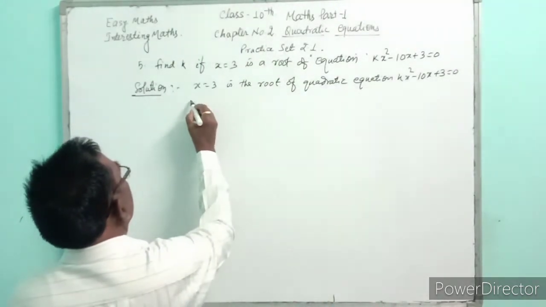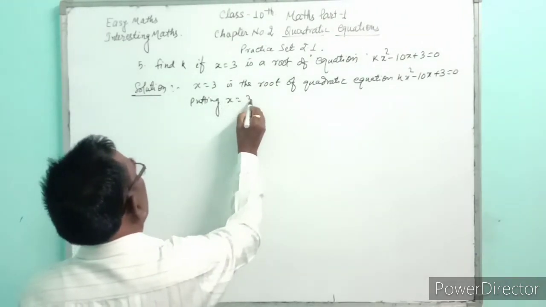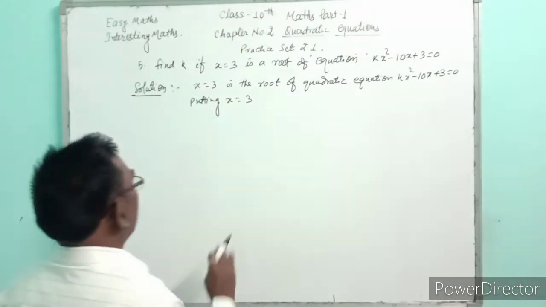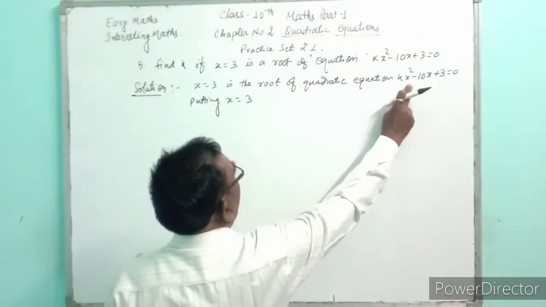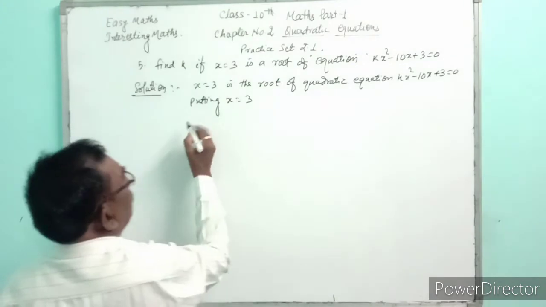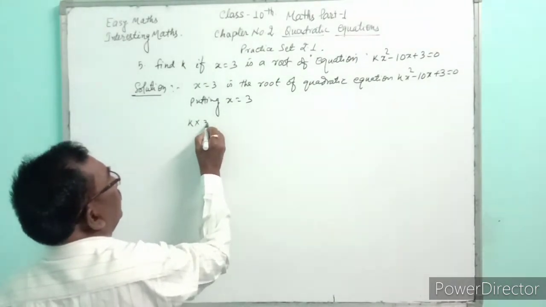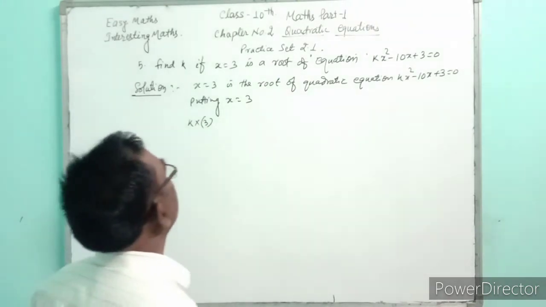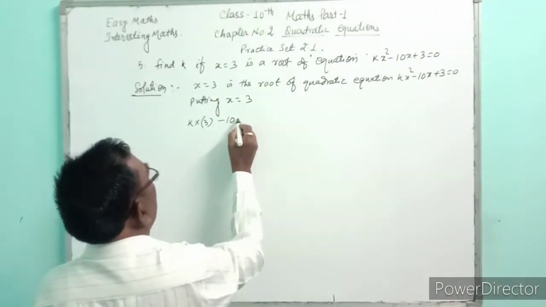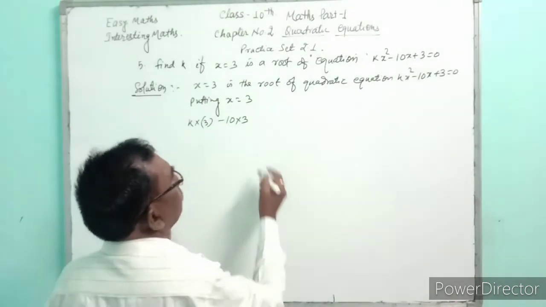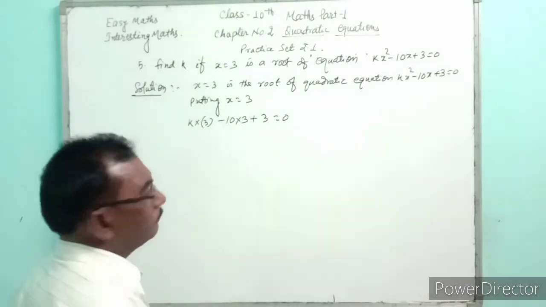Now, putting x is equal to 3. Because this is a root, therefore for this value this equation is satisfied. So k into 3 square minus 10 into 3 plus 3 is equal to 0.